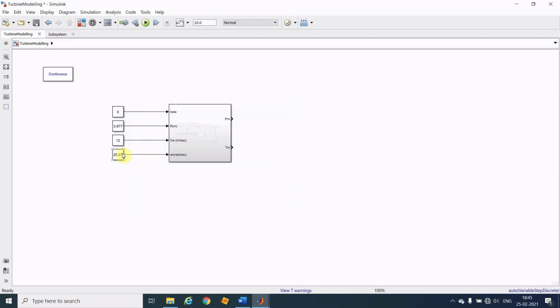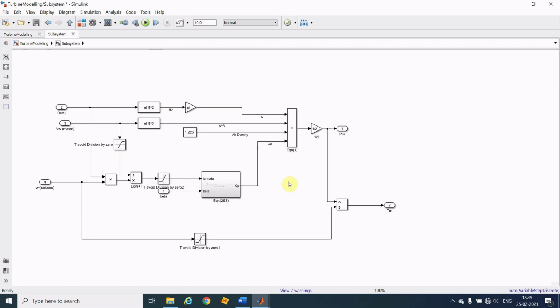This input will come from the generator. Now I'm not connecting any generator, so that is what I am taking. We will go inside and check each and everything here.